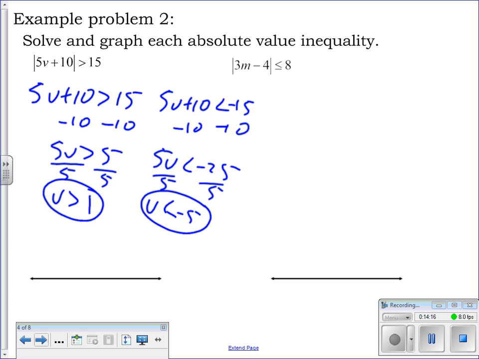So if it's greater than, it's an or. So I have everything greater than 1, everything less than negative 5. When your original absolute value is greater than, it's an or. Which means what's going on with the other one? It's an and. When it's less than, it's and.